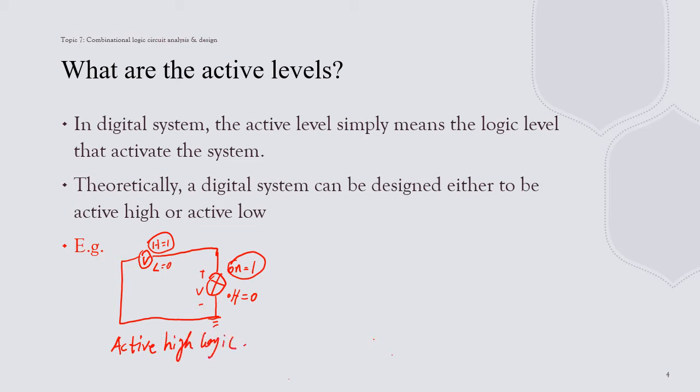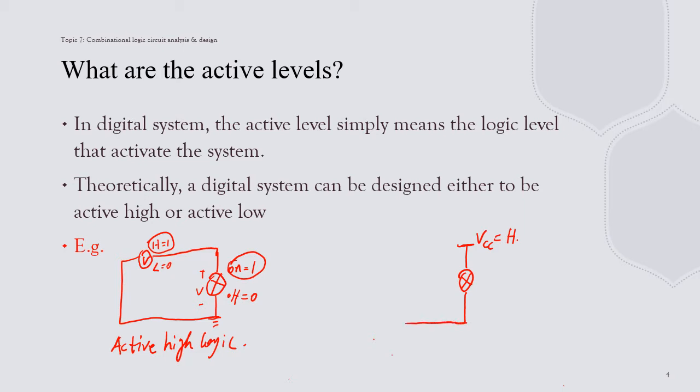On the other side, we have a similar circuit, but I connect it differently. I still have the lamp here, but this time we fix the other side of the lamp to a high voltage, which is equal to logic high.